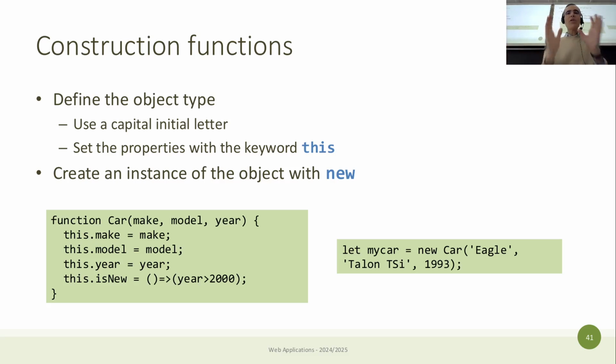What you can do with a constructor function is call a function using the new keyword before the name. So we define a function Car with some properties, and in a traditional programming language this could be the constructor of an object. Here we are defining a function, so there's no object at the moment.